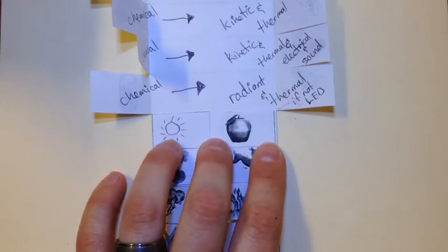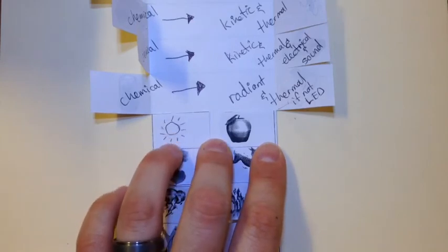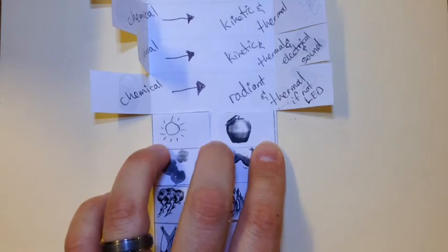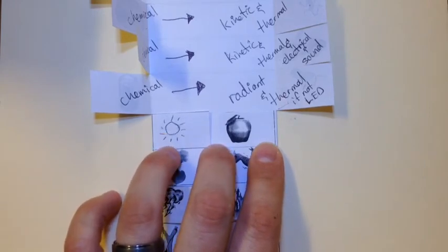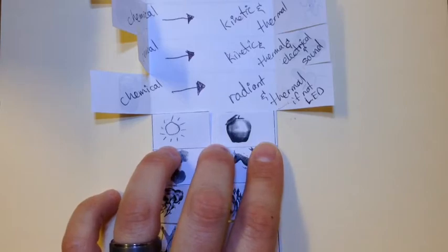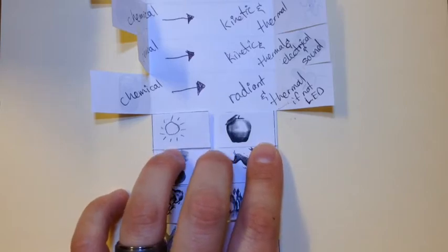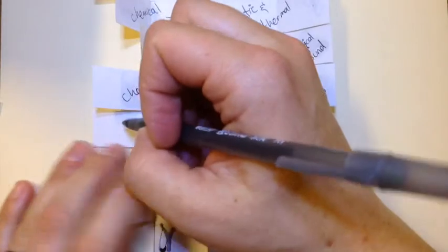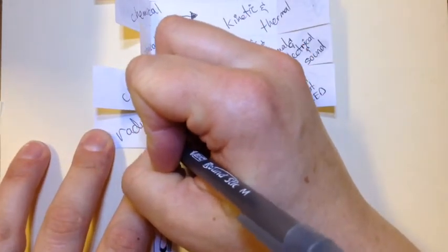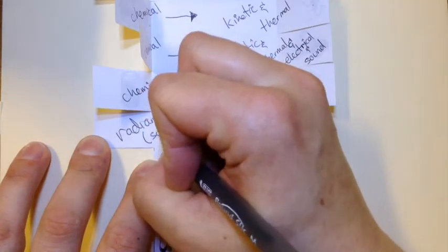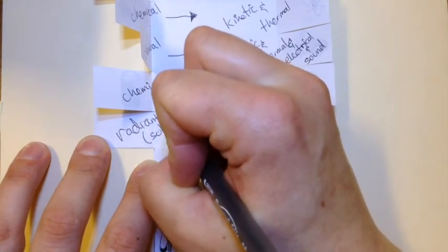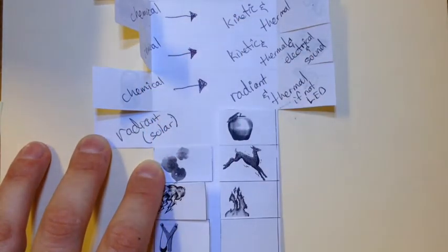All right, sorry for the lovely little hand drawing over here. The picture didn't copy very well. What is this a picture of? The sun. What kind of energy do we get from the sun? All right, radiant. And you might run into that called solar.